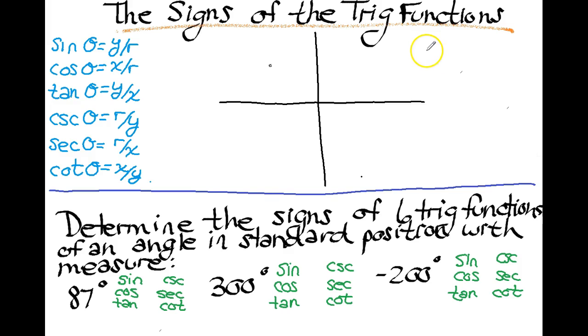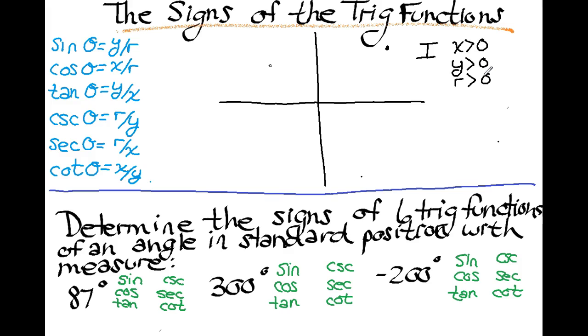So in quadrant 1, over here, if we picked a point anywhere in this quadrant, let's just say this point, it's going to have a positive x value, a positive y value, and a positive r value when we draw that triangle.